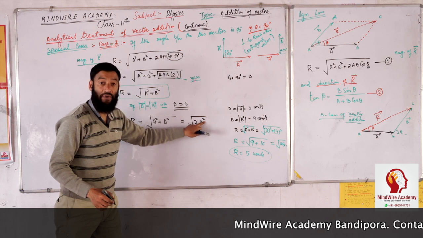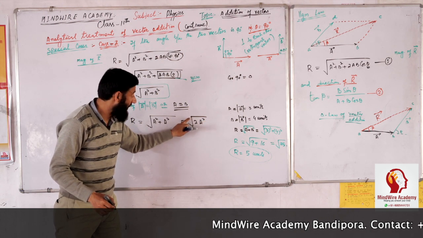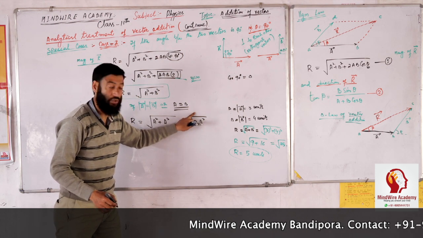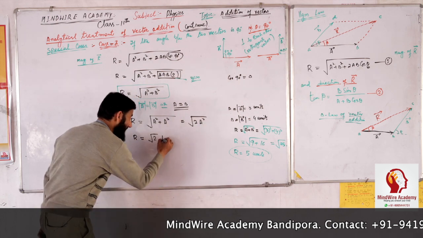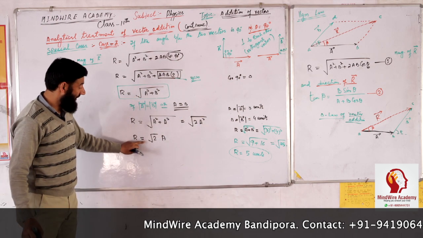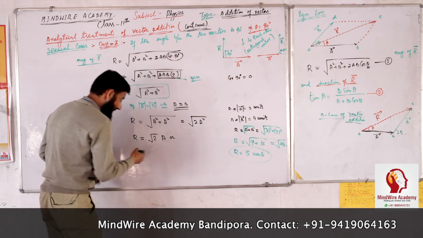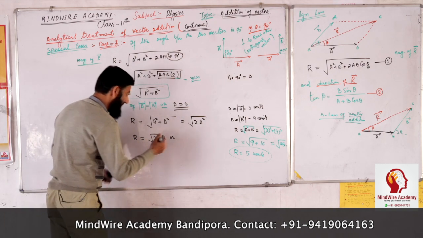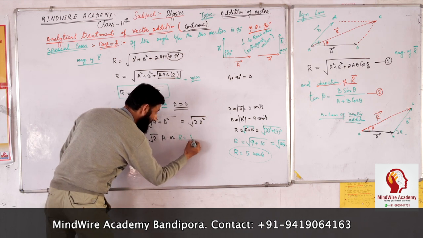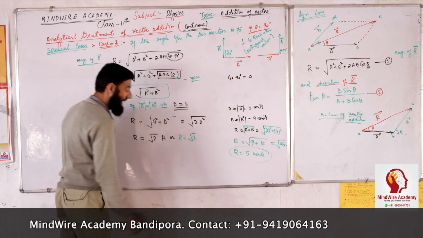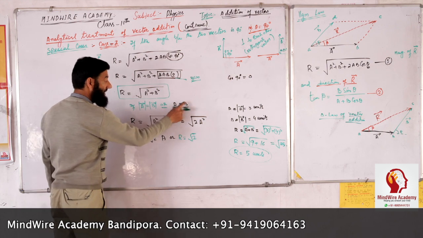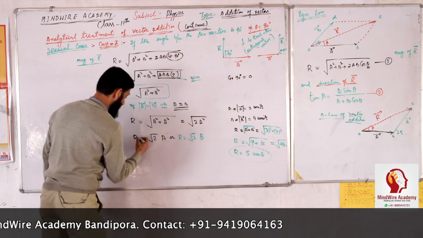For A square, when we will take separately the square root of A square, square and root will cancel out, so we will get A. So R will be equal to root 2 times A, or it can be shown that R will be equal to root 2 times A, but A is equal to B, so I can write B.